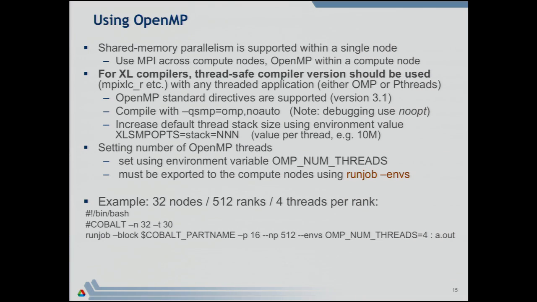And I should note that with the XL compilers, SMP doesn't just mean OpenMP. It implies some other automatic SIMDization techniques. And if you don't want them to happen automatically, you might want to select the sub-option called noauto.